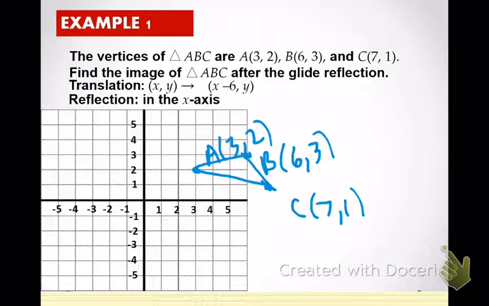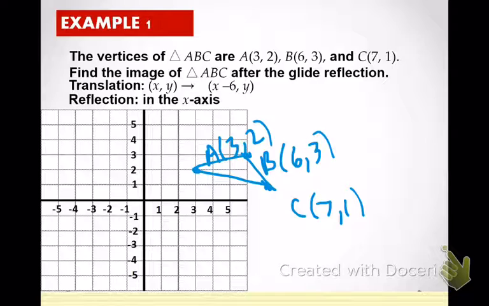Okay, so it gives you the translation first. It's x minus 12. Let's do 6 so it fits on the graph. So change it to 6 in your notes. x minus 6.